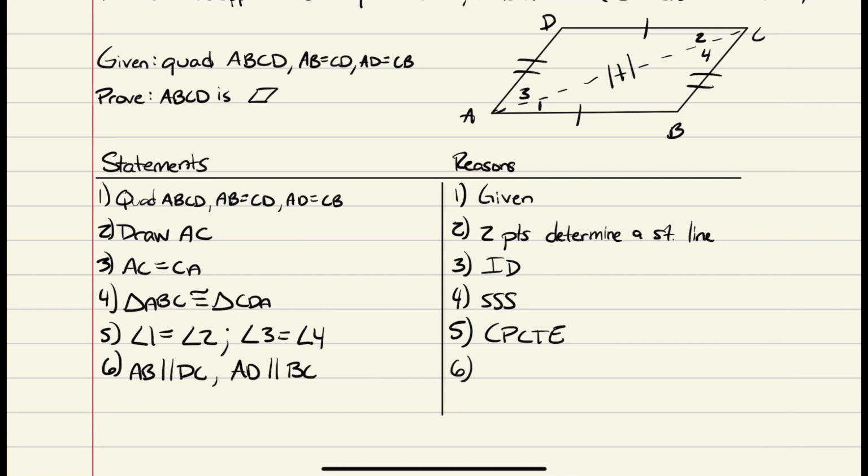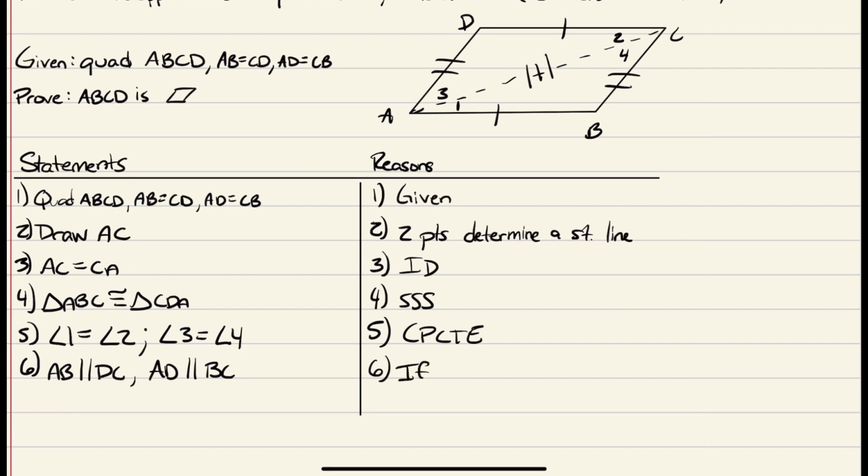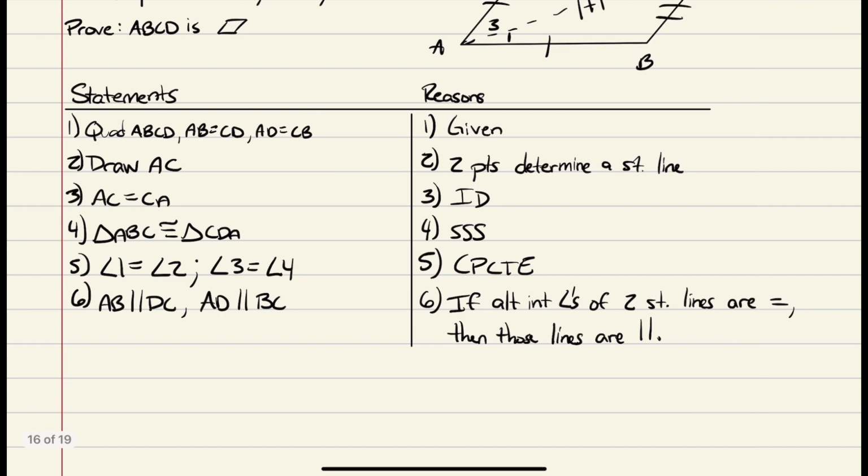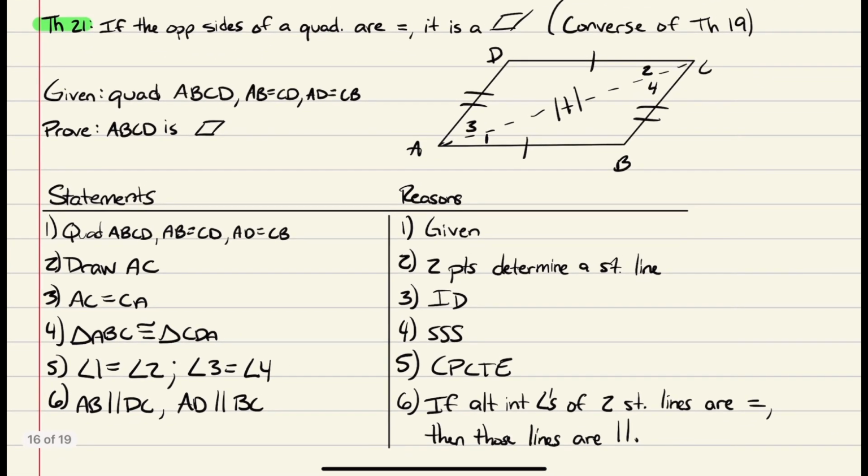And now we can say this: if alternate interior angles of two straight lines are equal, then those lines are parallel. Pretty truncated and abbreviated reason there, but this is what I'm saying.